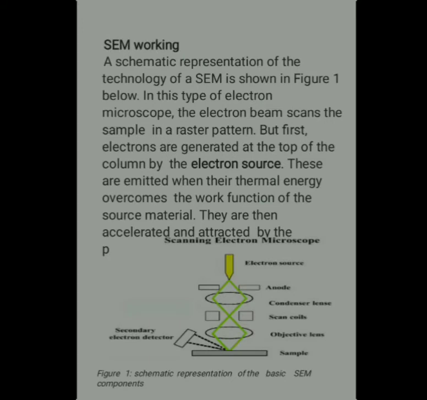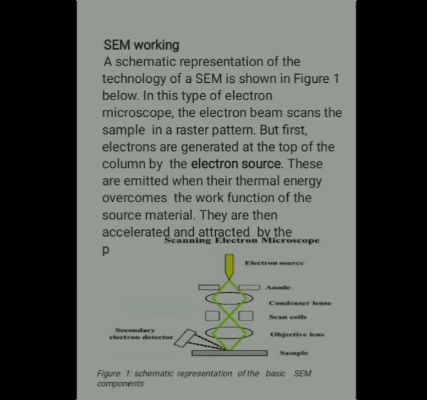Talking about how scanning electron microscopy works, as you can see in the schematic representation of the basic scanning electron microscope components in figure 1. In this type of electron microscopy, the electron beam scans the sample in a raster pattern, but first electrons are generated at the top of the column by an electron source.